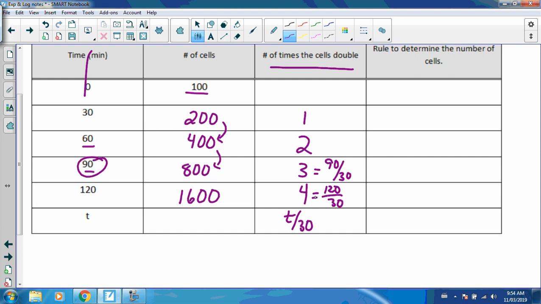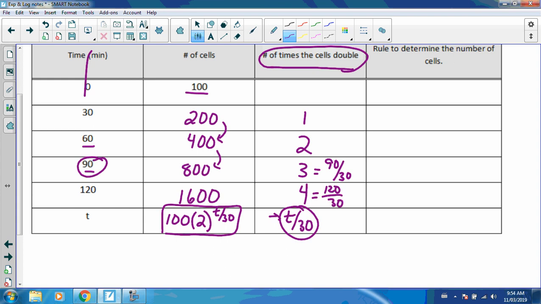So in general, the number of times the cells double is the time in minutes divided by 30. Over here, I would say I started with 100 cells, and I times it by 2 a number of times, and I would make this my exponent, t over 30. And if I use this equation, this would tell me how many bacteria I would have at a particular time.